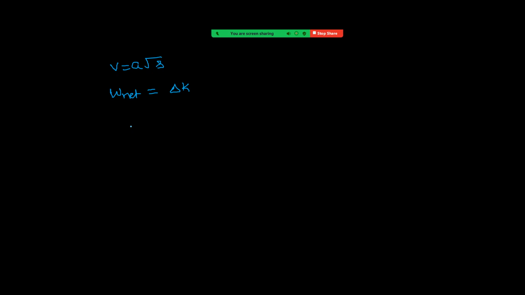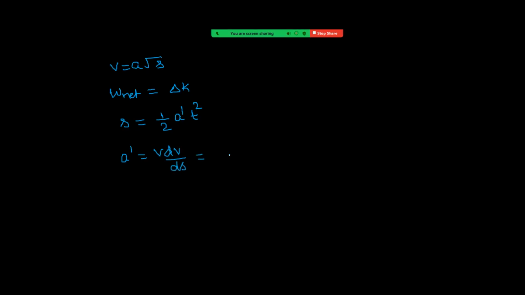To find velocity, sorry, to find displacement, we require acceleration, because displacement is equal to half a dash t square, taking acceleration as a dash. So we require acceleration, right? Since velocity is given as a function of distance traveled, we can write acceleration a dash equal to V dV by dS.